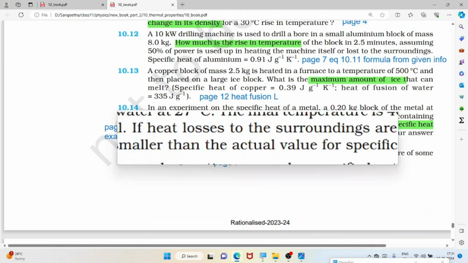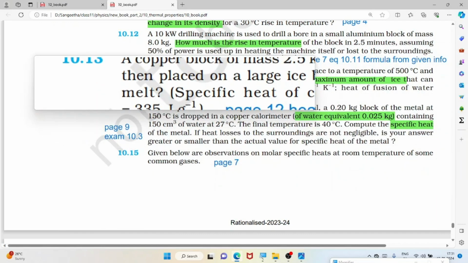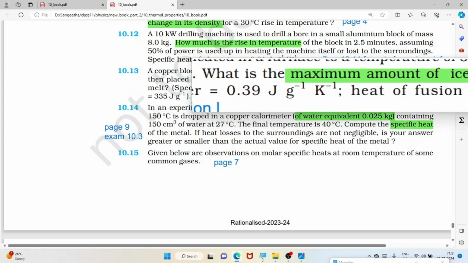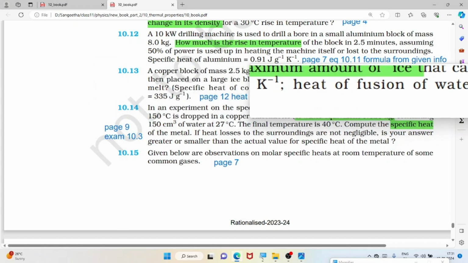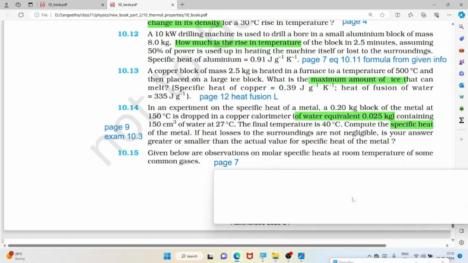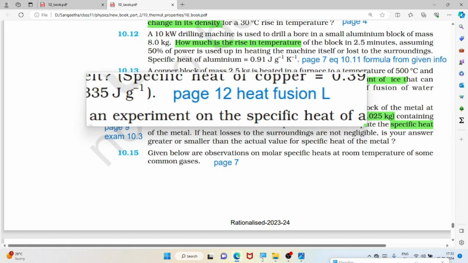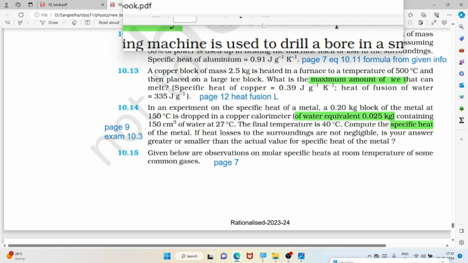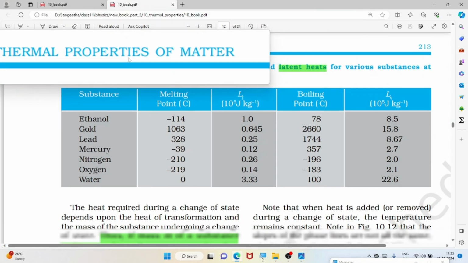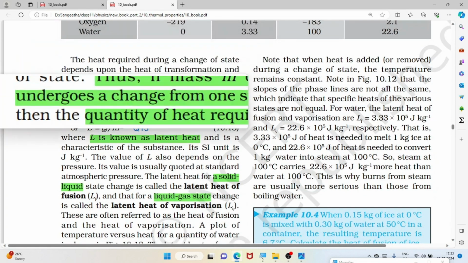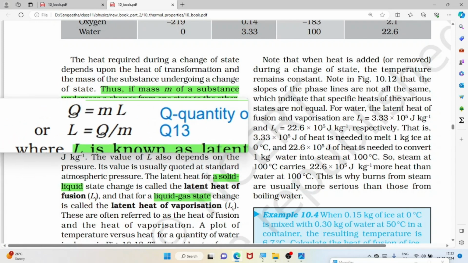The copper block of mass 2.5 kg is heated in a furnace to a temperature of 500 degrees, then placed in an ice box. What is the maximum amount of ice that can melt? Specific heat of copper, heat of fusion, okay. See, so this page 12, latent heat. So here this is the relation between mass, latent heat and the amount of energy.